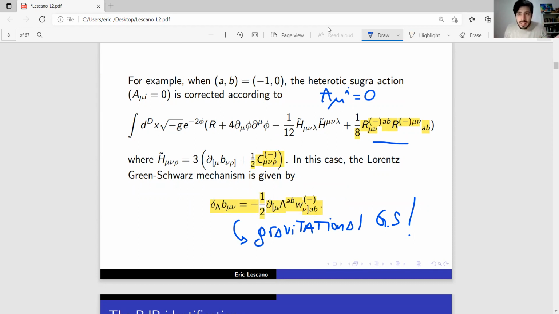We could have, for example, F to the 4 terms over here. We are focused only on the gravitational terms. So this is the heterotic supergravity with an alpha prime correction for us. All the Riemann times H terms or H to the 4 are inside this new Riemann that is constructed with a spin connection with torsion.